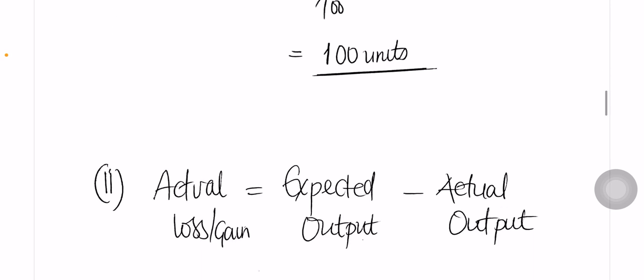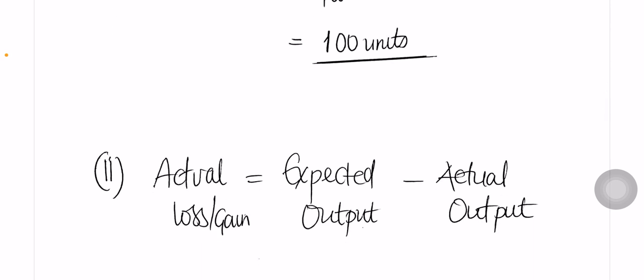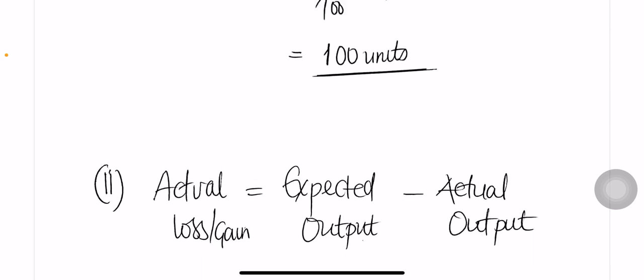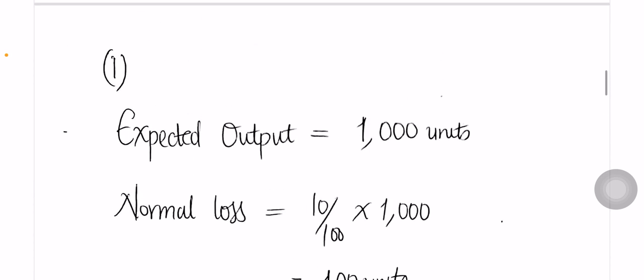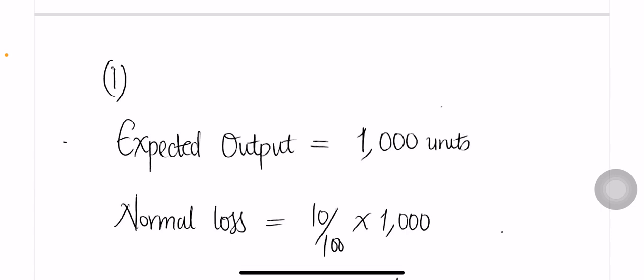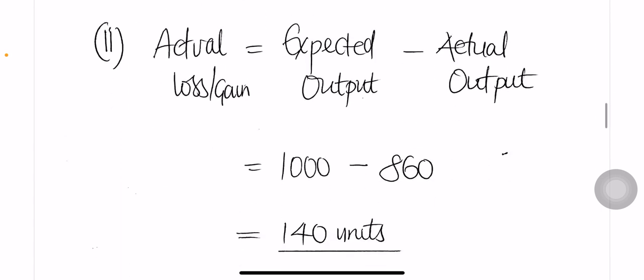Actual loss now. Actual loss is expected output minus actual output. So these guys were expecting to produce 1,000 units. In reality, they only produced 860 units. So the total units lost are 140 units.